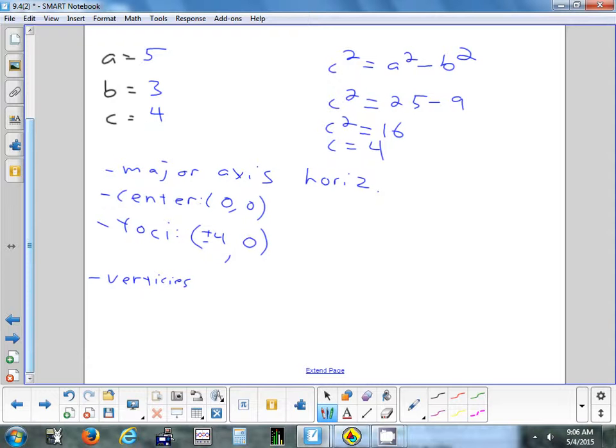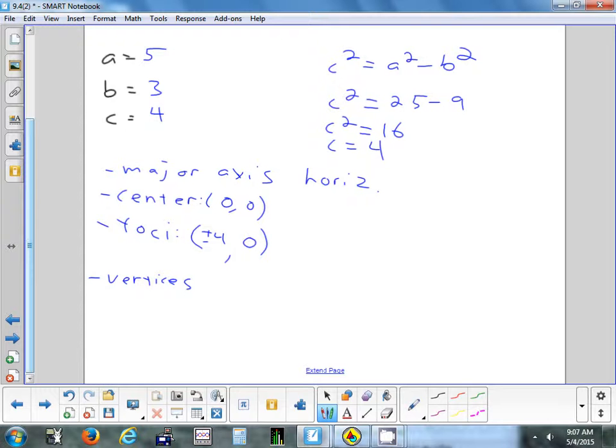Vertices. Where are our vertices going to be? Yep. At -5, 0, and 5, 0. A is the distance from the center to the vertex, and they're going to be to the left and to the right of it. So you're going to keep the y value 0.